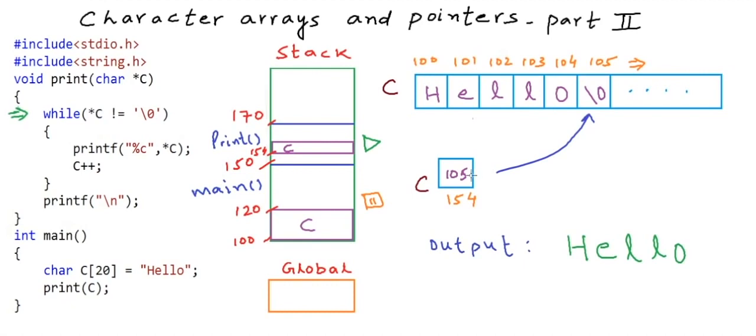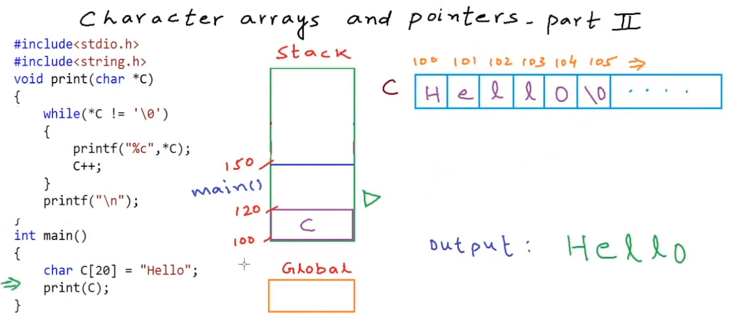Now here the value at this particular address is null character, so the loop will not execute. We will come to this statement to print an end of line, and the execution of print function will finish. So this particular stack frame for print will be cleared from the stack, will be deallocated, and now main will resume and finish. So with pointers we should always know what's going where in the memory.